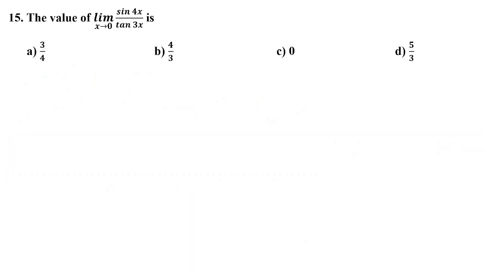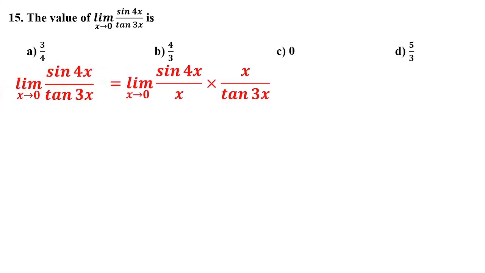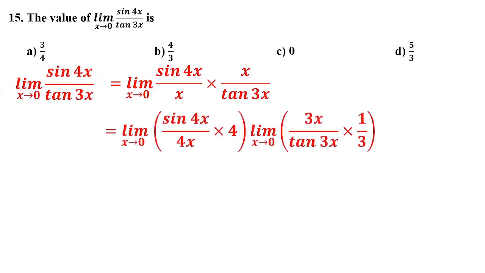Question number 15. We have to find the value of the limit x goes to 0 sin 4x by tan 3x. We have to convert it into a standard limit. For that, I am dividing and multiplying by x, splitting it into two limits. First limit sin 4x by x, second limit x by tan 3x. All of you know that the standard limit is sin 4x by 4x only or 3x by tan 3x only.